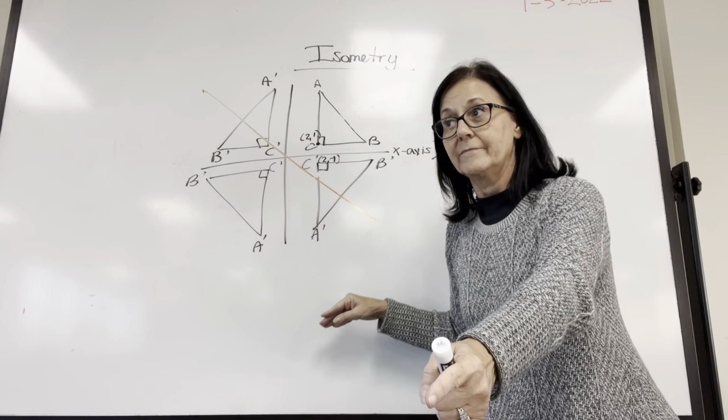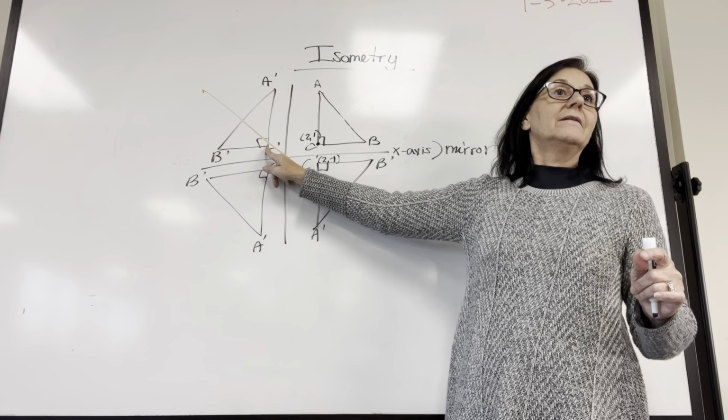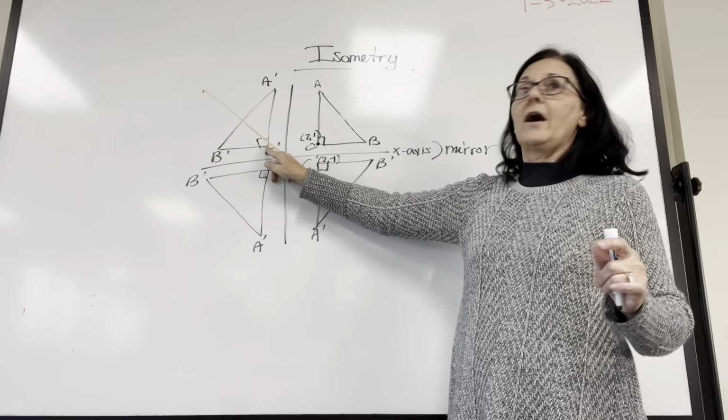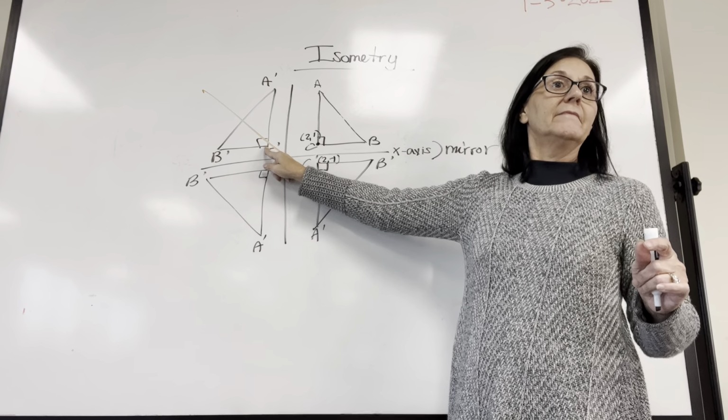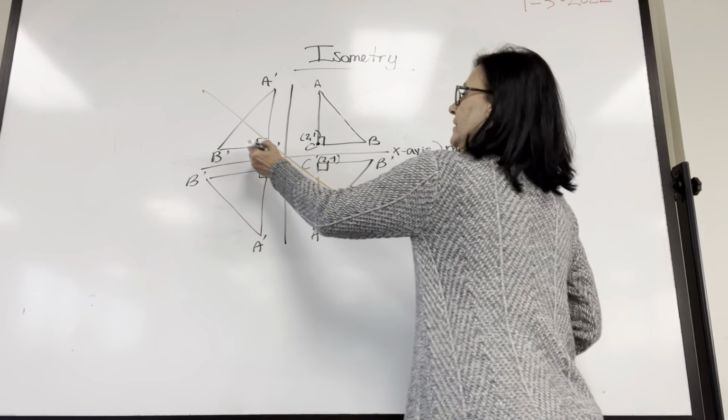So what do you think happens if I'm going across the y-axis? The x changes. That's right. So what would C prime's coordinate point be here, David? It would be 1, 2... well, does my y change? Y doesn't change.